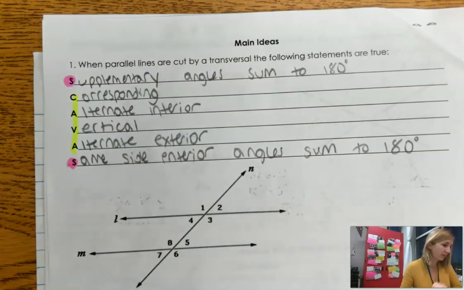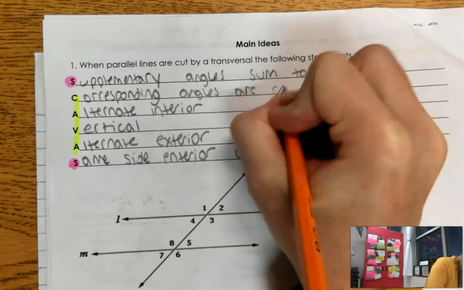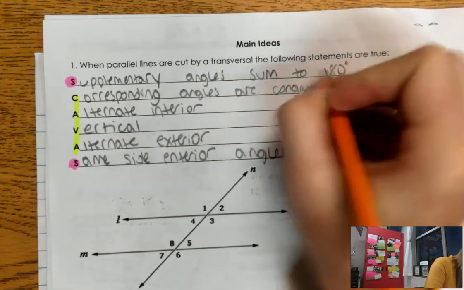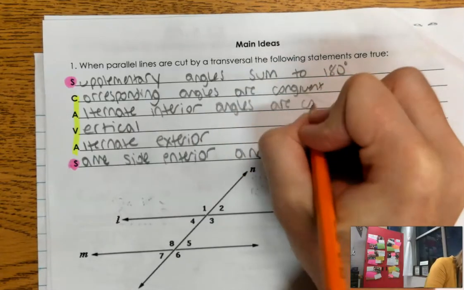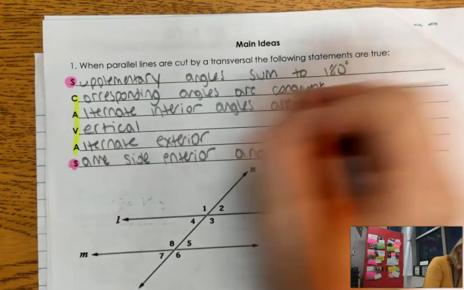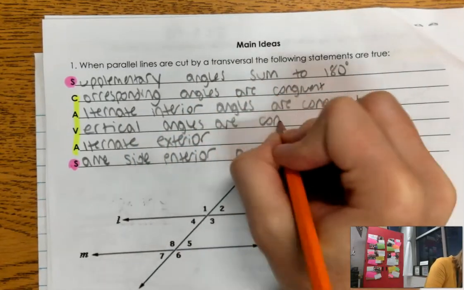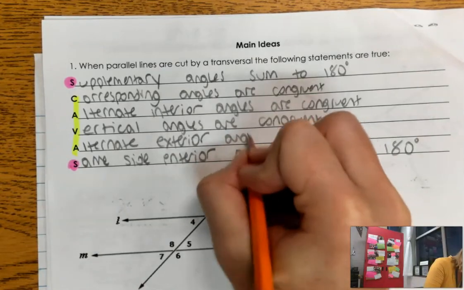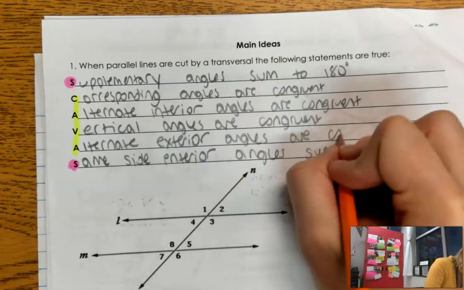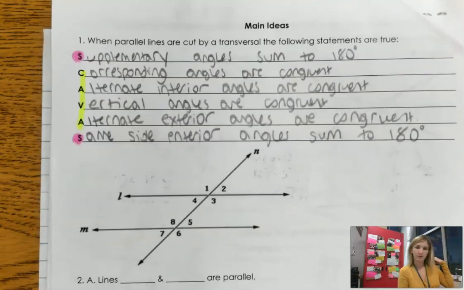So I'm going to go ahead and write that statement. Corresponding angles are congruent. Alternate interior angles are congruent. Vertical angles are congruent. And alternate exterior angles are congruent. Remember, congruent means equal.